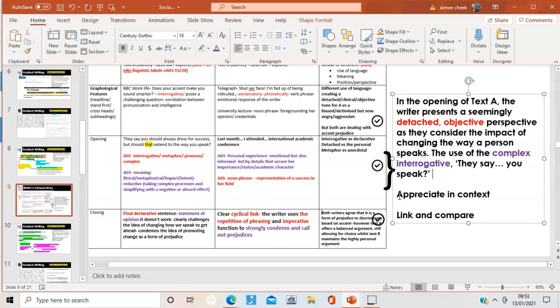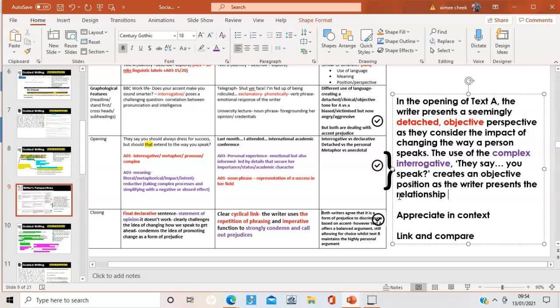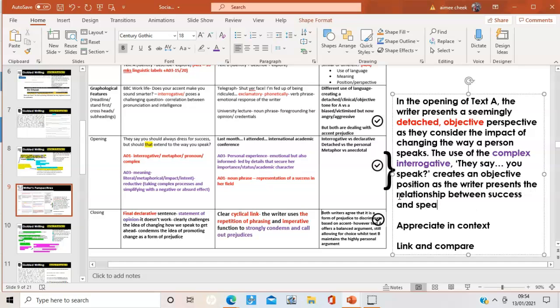Okay, uses, creates an objective position as the writer presents the relationship between success and speech.